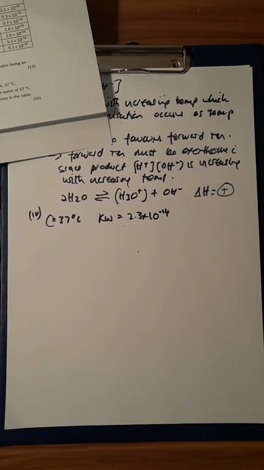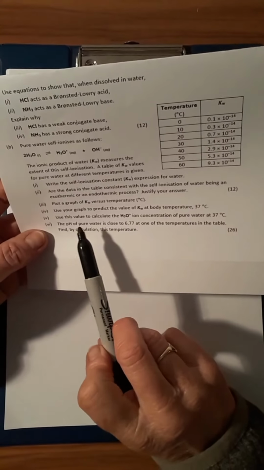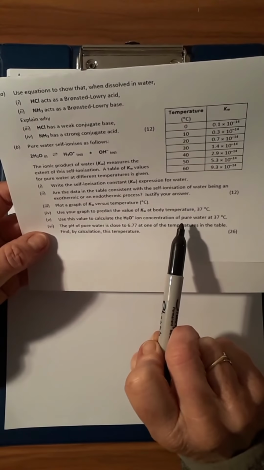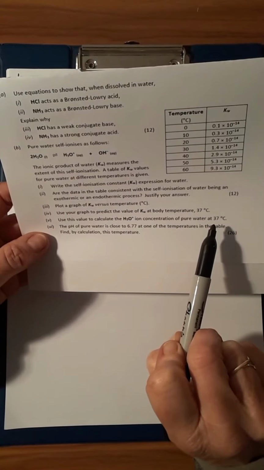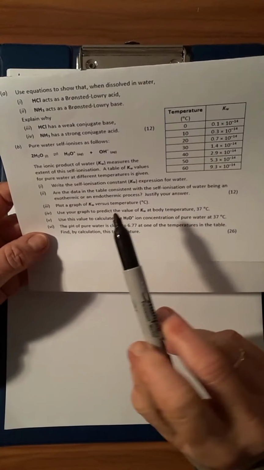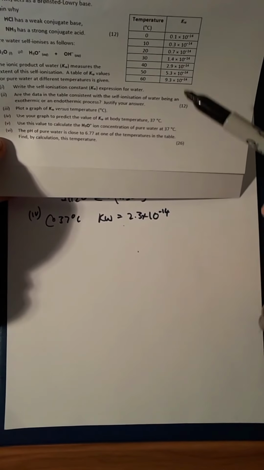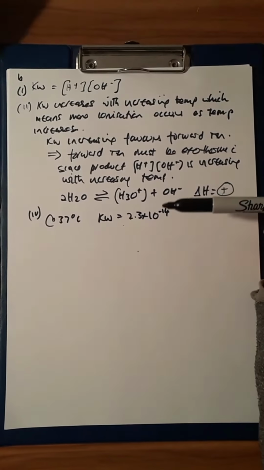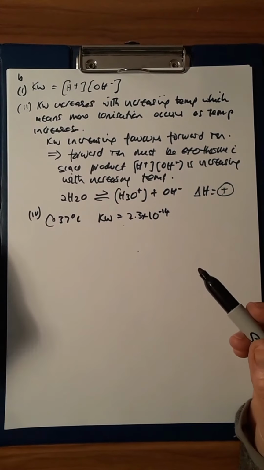Right, part 5 of the question says, use this value to calculate the H3O plus ion concentration of pure water at 37 degrees Celsius. So we're going to use this Kw value taken from the graph to find the hydrogen ion concentration of pure water.